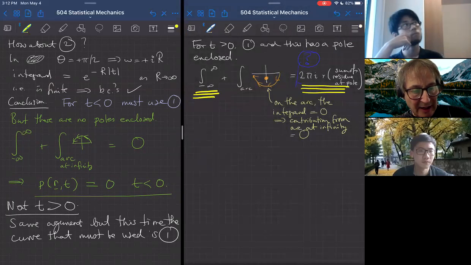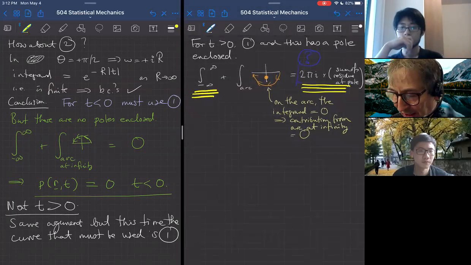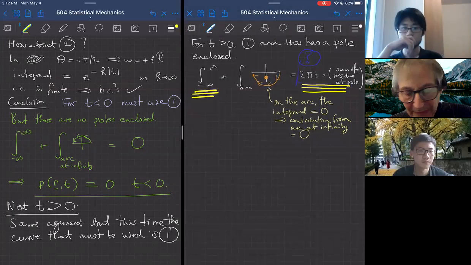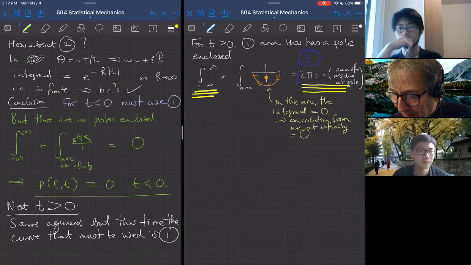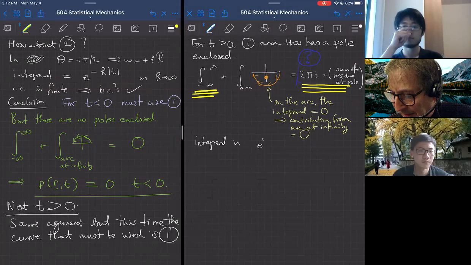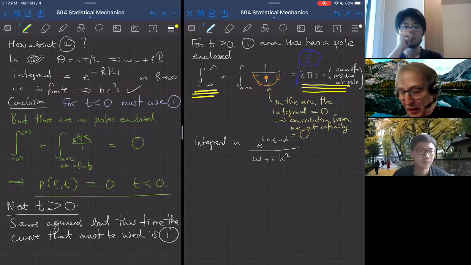So let's see what it is. So what is the residue? The residue says take the pole. The integrand is e to the I k dot r minus omega t, divided by omega plus ik squared. And so what is the residue?